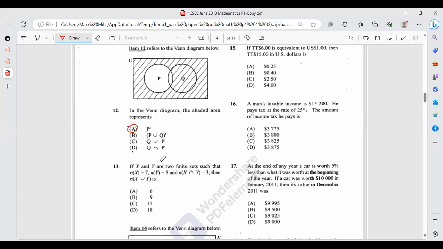Number 13. X and Y are two finite sets such that the number of elements in X is 7 and in Y is 5. The number of elements in the intersection is 3. They ask for X union Y. For me to do this, the easy way out is to draw this. It's easier for me to do it this way.